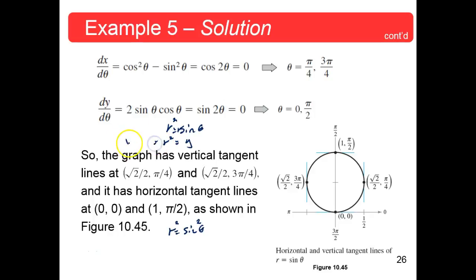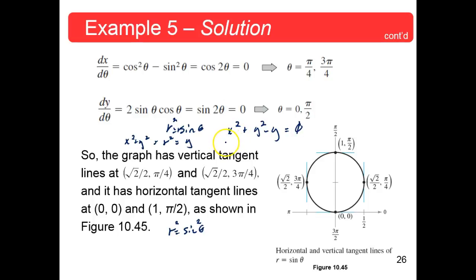And r squared is x squared plus y squared. So that means x squared plus y squared minus y is equal to 0.